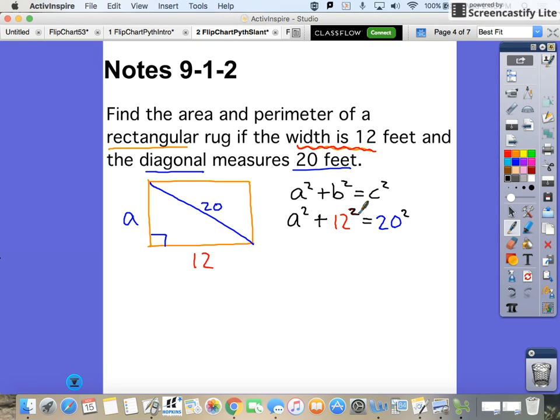Now to find a, we need to simplify and then solve for a. So we know that a squared is still a squared, and this 12 squared is 144. 20 squared is 400. 20 times 20 is 400. Now we will subtract 144 from both sides.